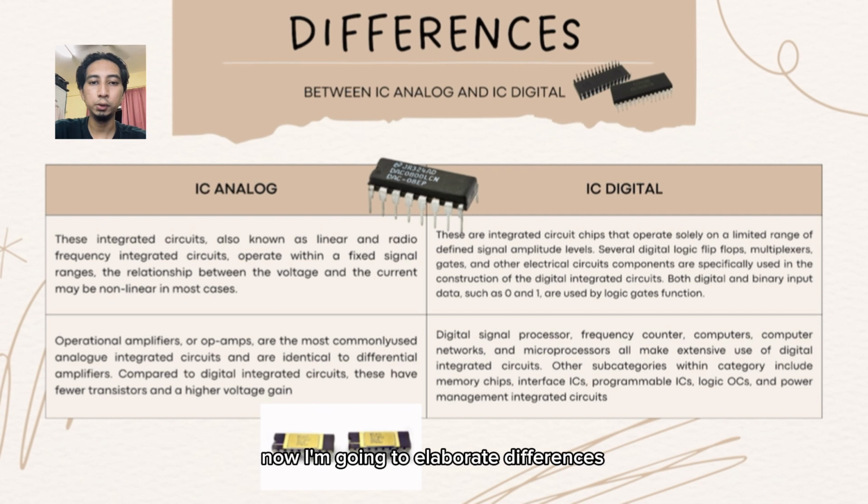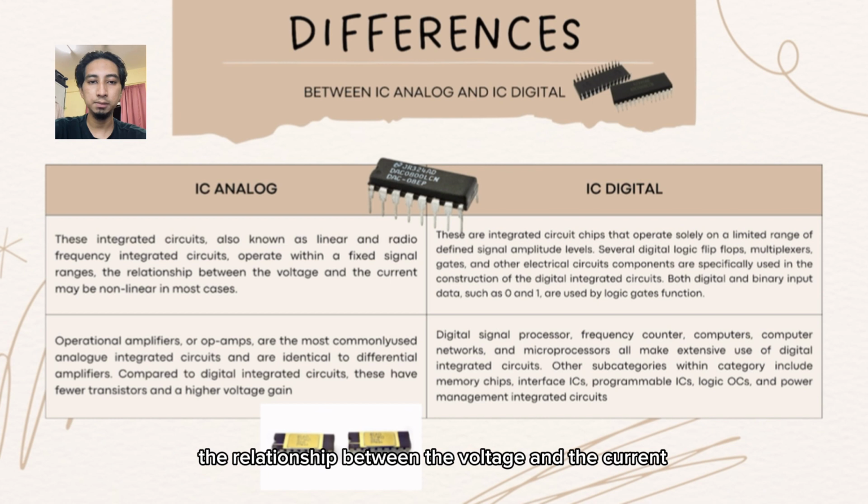Now, I am going to elaborate the differences between IC digital and IC analog. First, I am going to tell about IC analog. This integrated circuit, also known as linear and radio frequency integrated circuits, operates within a fixed signal range.